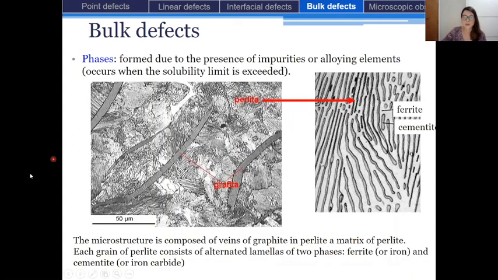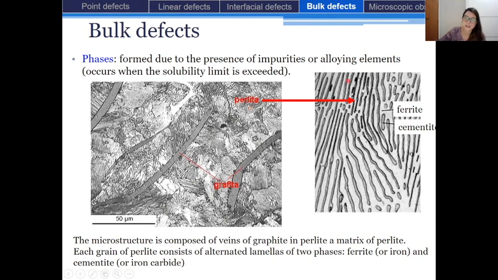The phases which are formed due to the presence of impurities or alloying elements can also be observed. In that case, we see that the microstructure is composed of veins of graphite in a pearlite matrix. If we have a look at this phase, it is called pearlite.